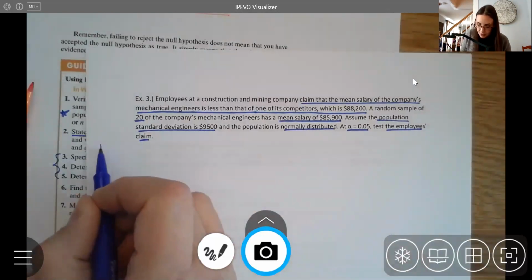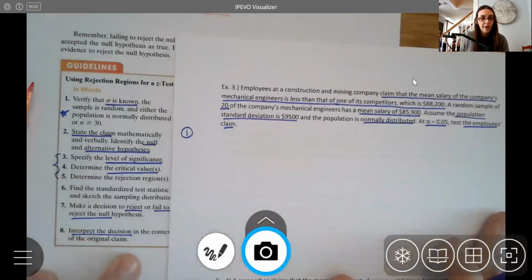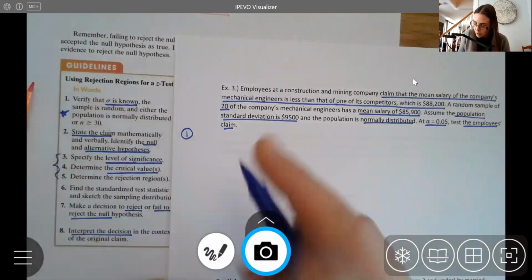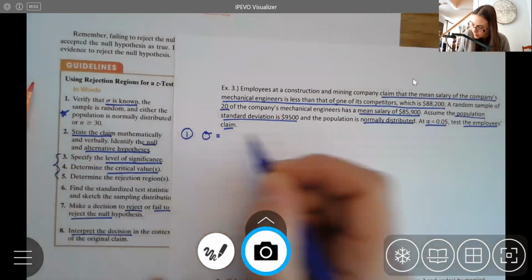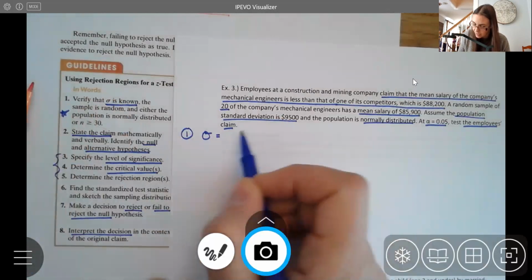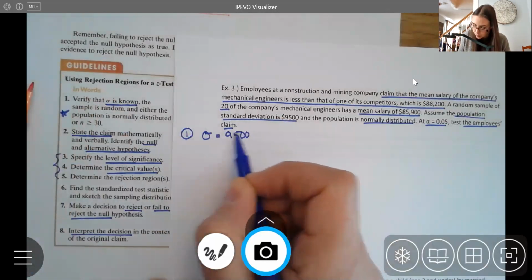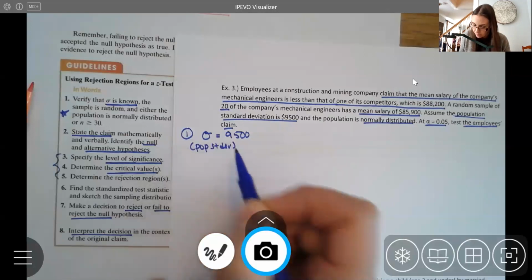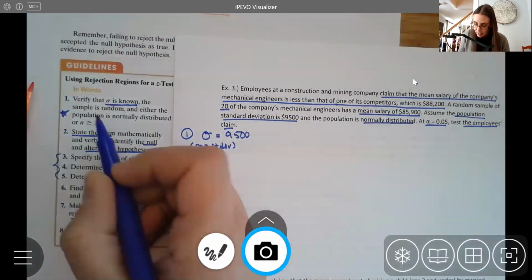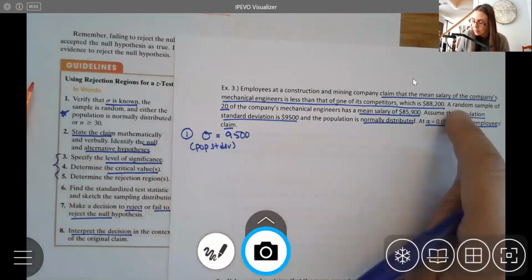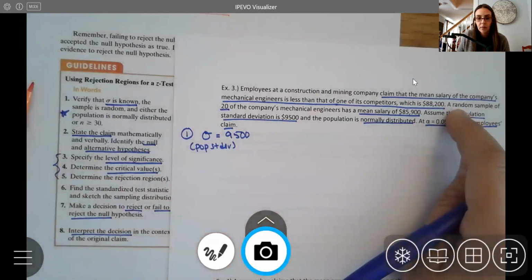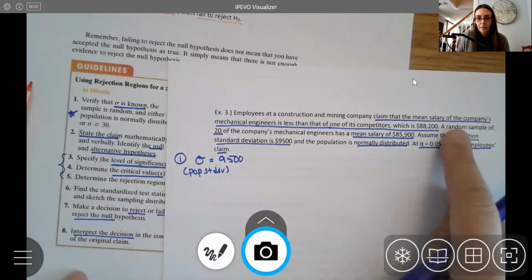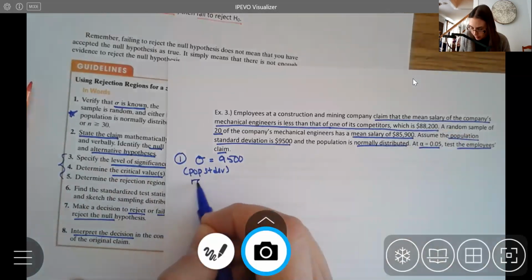So the first thing I'm going to do is run through these steps. I'm going to verify that sigma is known. It is. We're told that the population standard deviation is 9,500. So remember, sigma is the population standard deviation. Is the sample random? It is. We're told that it's a random sample, right here. So it is random.